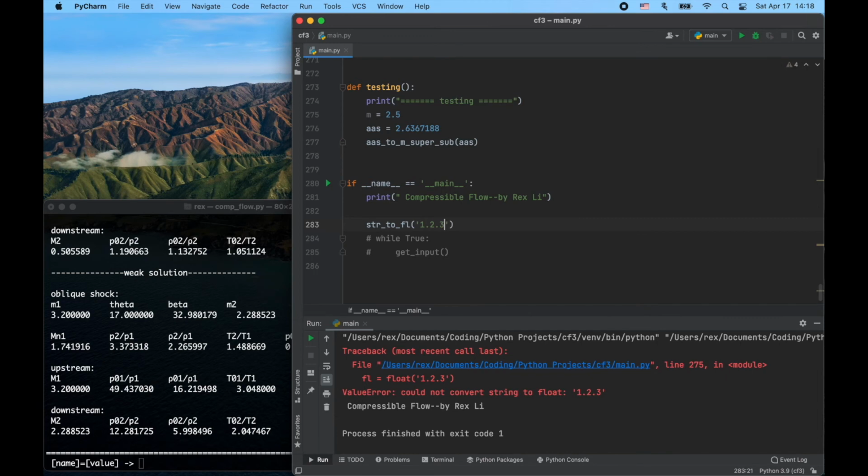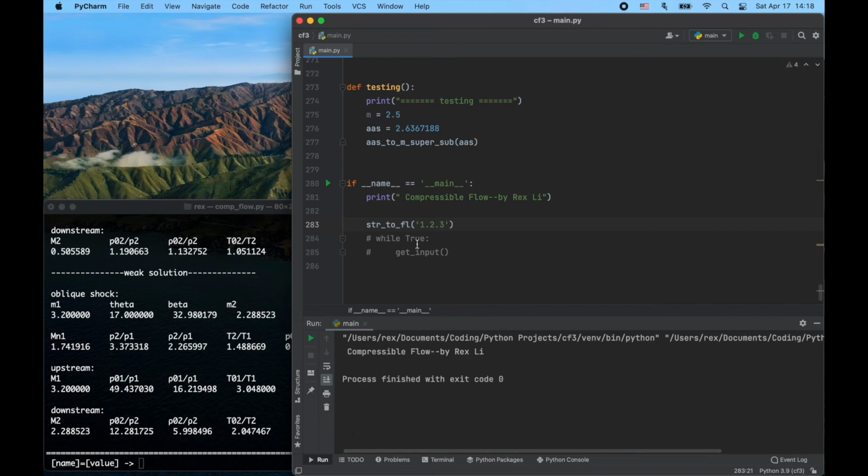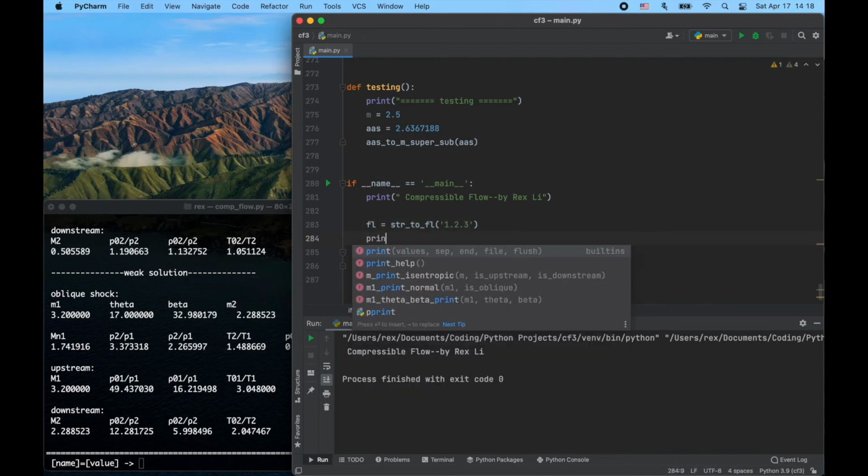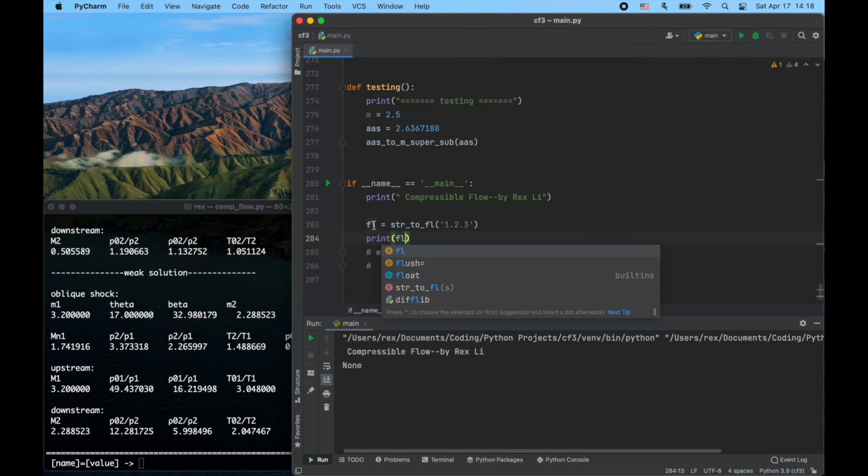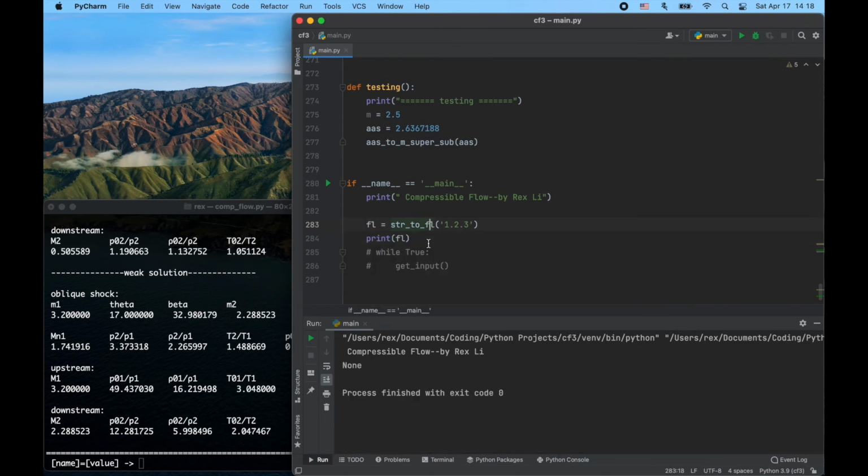So the program will continue, even though we know that 1.2.3 cannot be converted into a float number. All right, let's implement that. Value is going to be string to float of that.